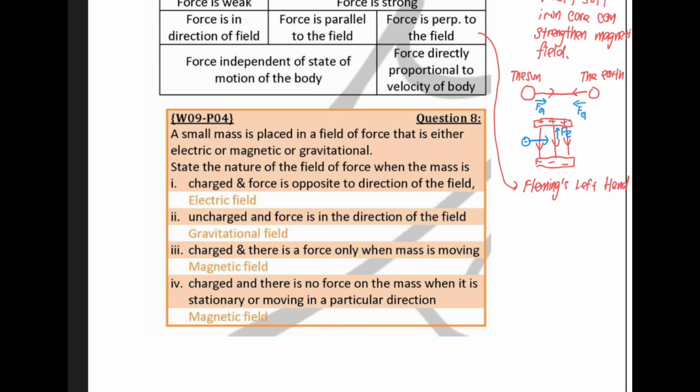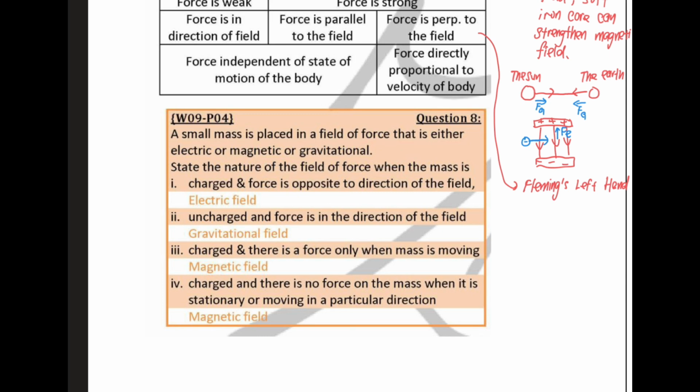Okay. Now next one. Charged, and there is no force on the mass when it is stationary or moving in a particular direction. So what does that mean? Imagine that it is a charged particle and that charged particle has no force when the mass is stationary.